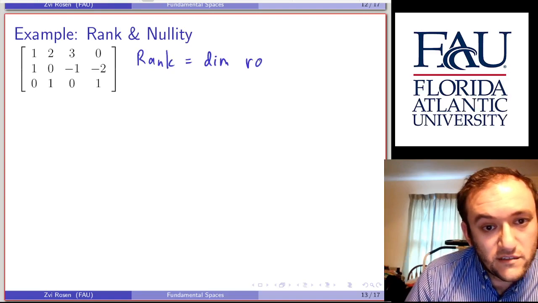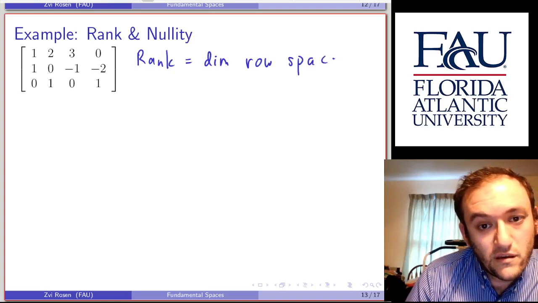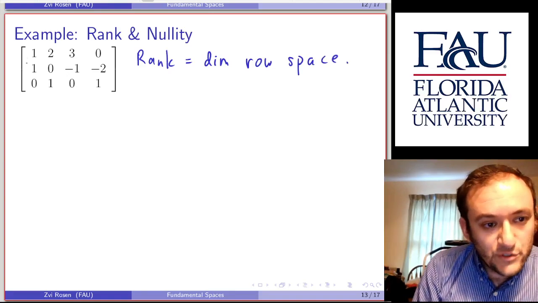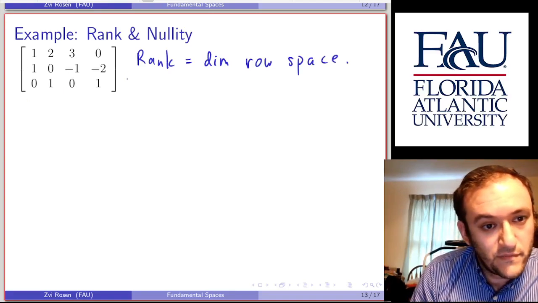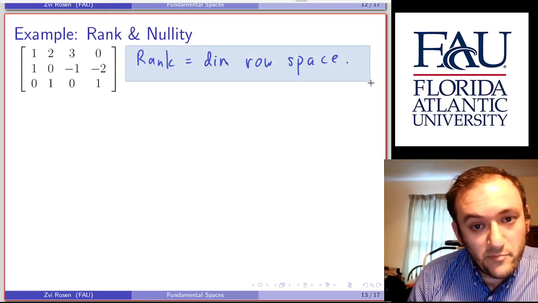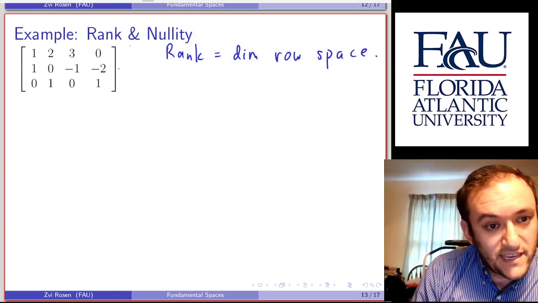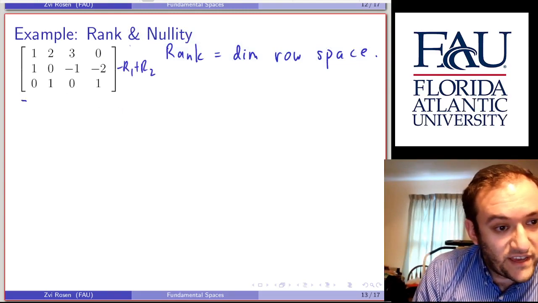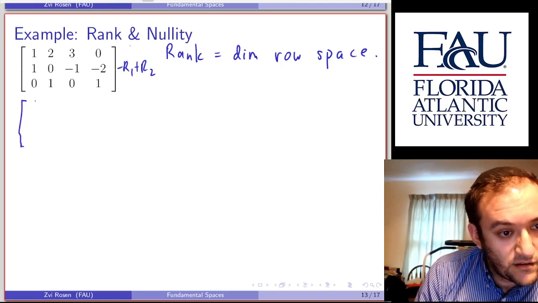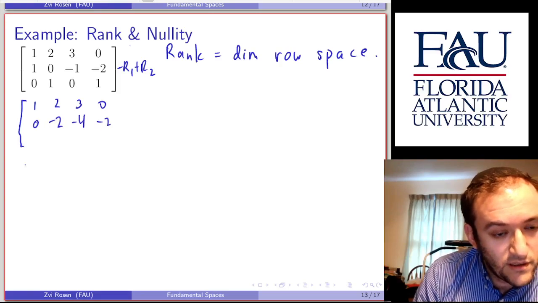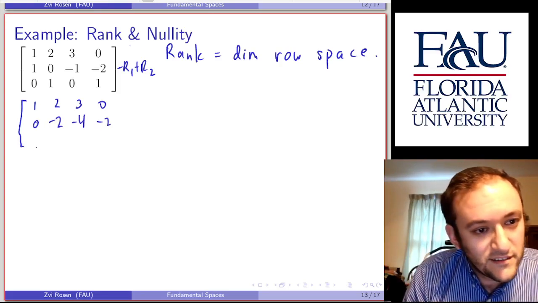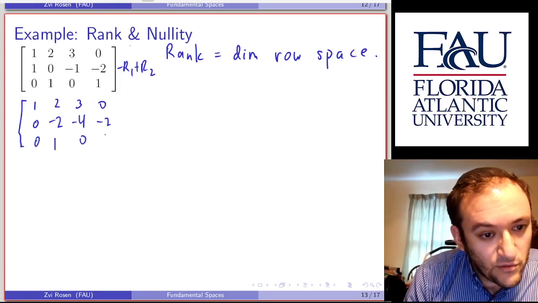Dim row space. So we're going to do a row reduction to get a basis for the row space. We'll start by taking minus row 1 plus row 2, and we get 1, 2, 3, 0, 0, minus 2, minus 4, minus 2, 0, 1, 0, 1.